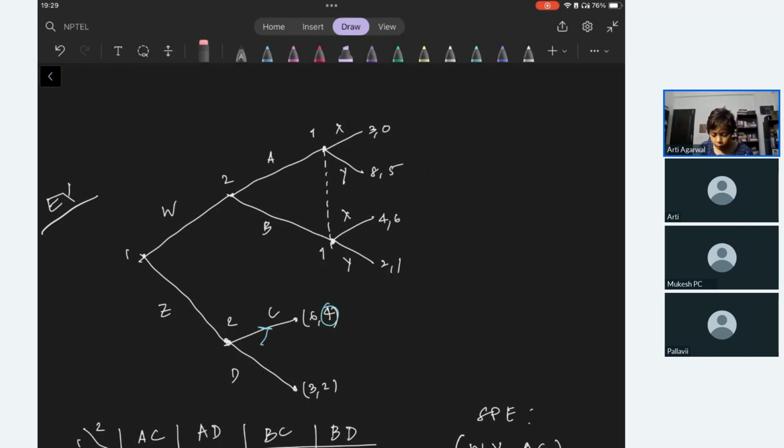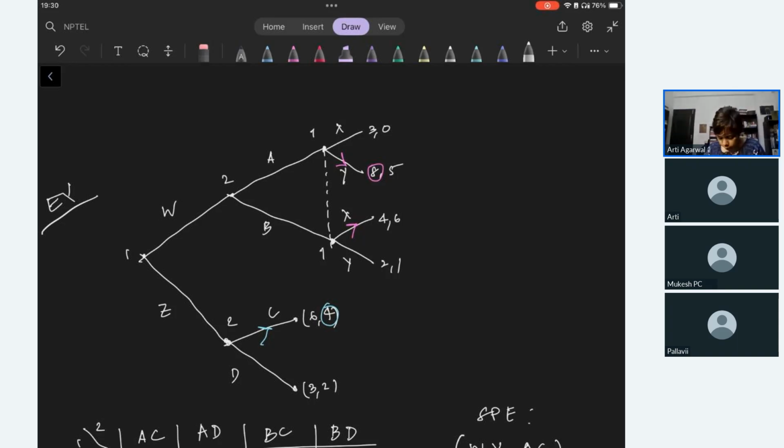If one has to choose at this node, then one is going to choose Y, right? And if one has to choose at this node, one is going to choose X, okay?